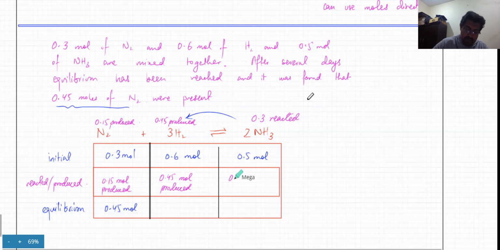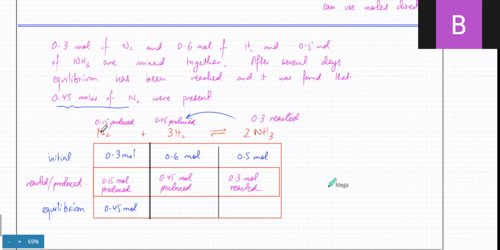So over here, 0.3 moles are undergoing a reaction. Only then is it possible that 0.15 on the other side would have been produced. Is this clear so far? Yes. Does everyone else? Minal, is this clear? Sanjita, clear? Hiba, Rida? Yes.